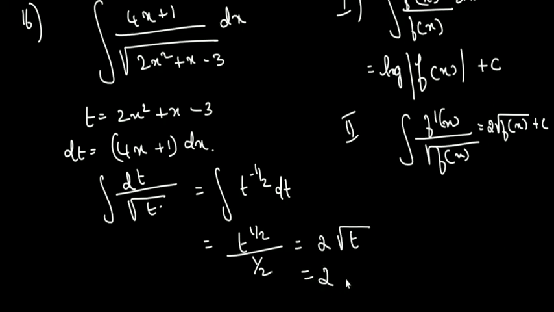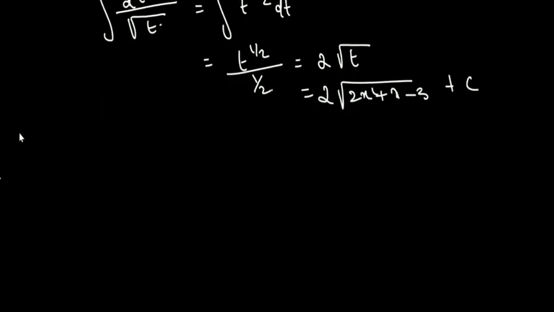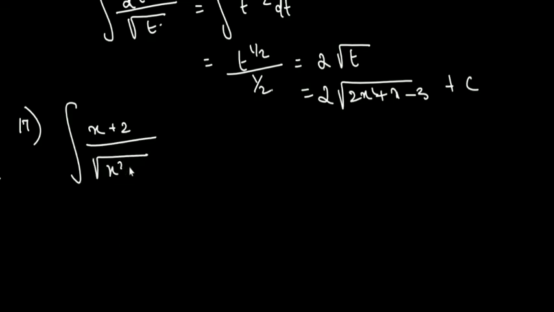That is 2 into root of 2x square plus x minus 3. That's what we got here: 2 into the denominator. That's all. That's number 17: the integral of (x plus 2) by root of x square minus 1 dx.